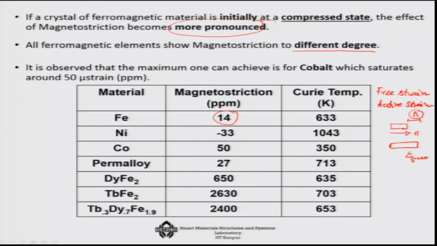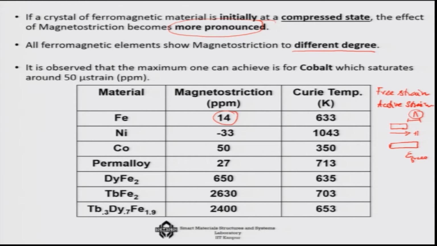So, that is the free strain, that is 14 parts per million in the case of iron, and in the case of other materials, like I will come to nickel later on, cobalt it is 50 parts per million, permalloy 27 parts per million.